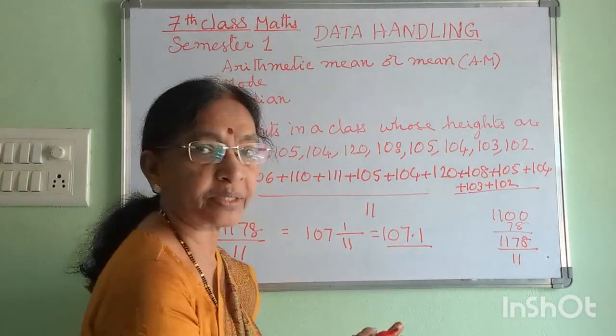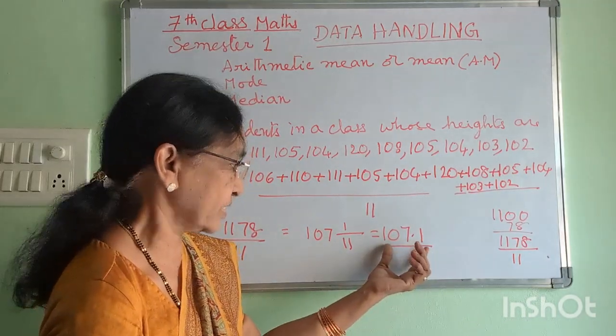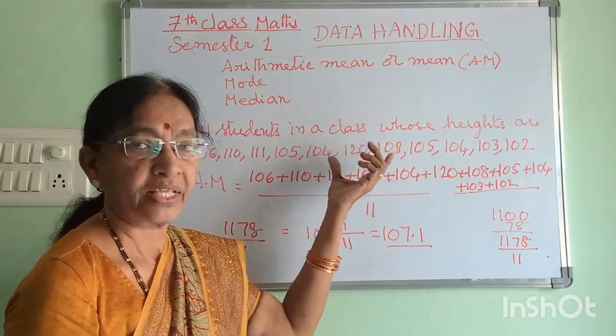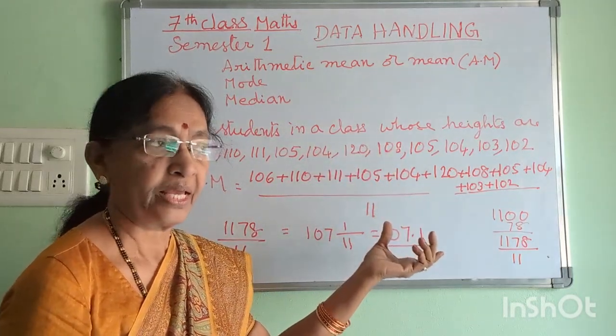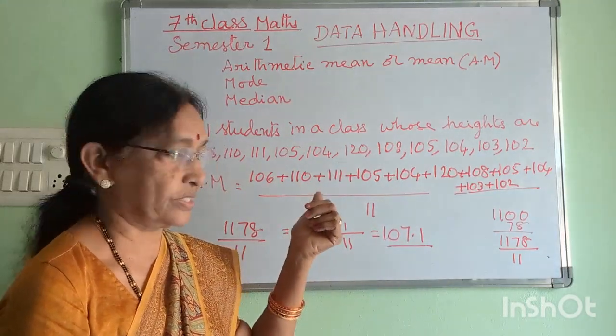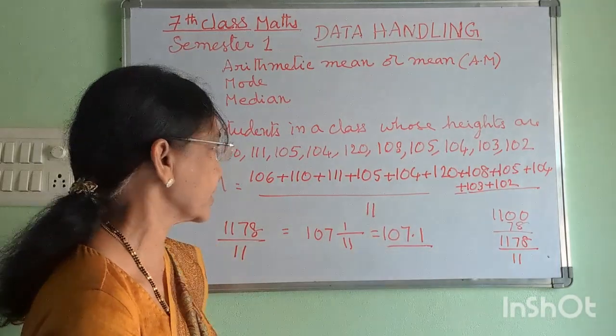Therefore, the arithmetic mean is 107.1. This value is not in the given observations. Therefore, arithmetic mean need not be one of the observations. It is the average value of the given observations.